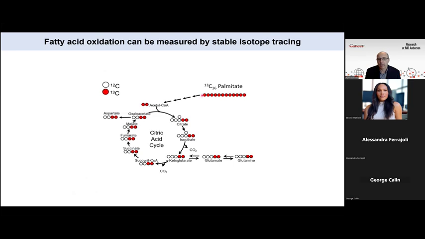So now we can trace atoms, all the carbons in any molecule we wish, as long as it's been enriched to carry carbon-13. So we use palmitate, the fatty acid, which has 16 carbons, and we use all 16 carbons labeled with carbon-13. So this molecule is shifted by 16 Daltons compared to the natural palmitate.